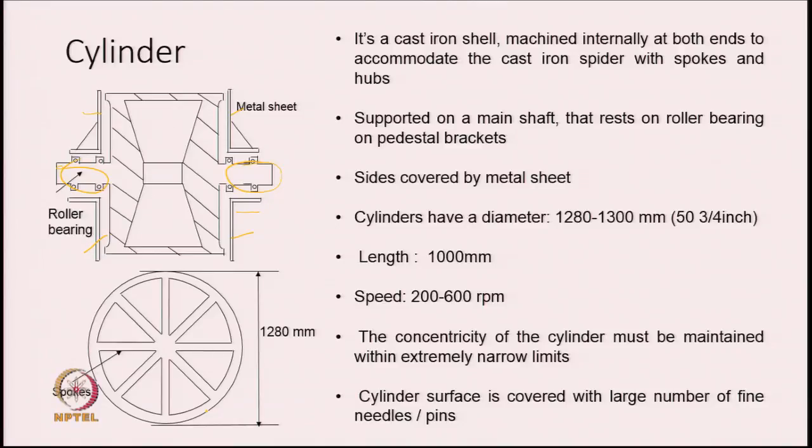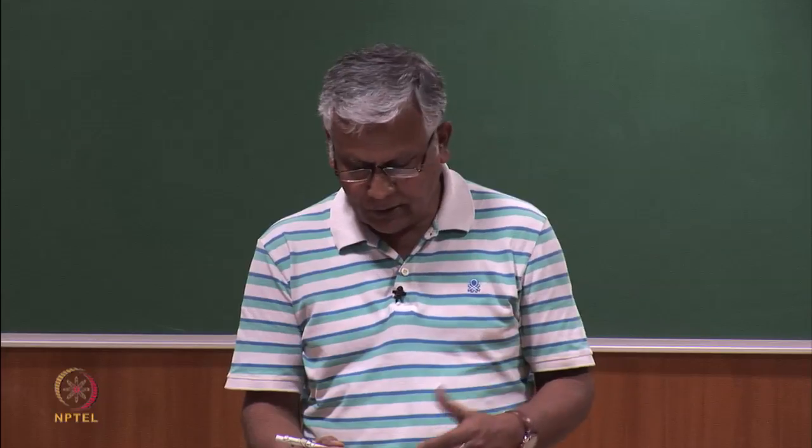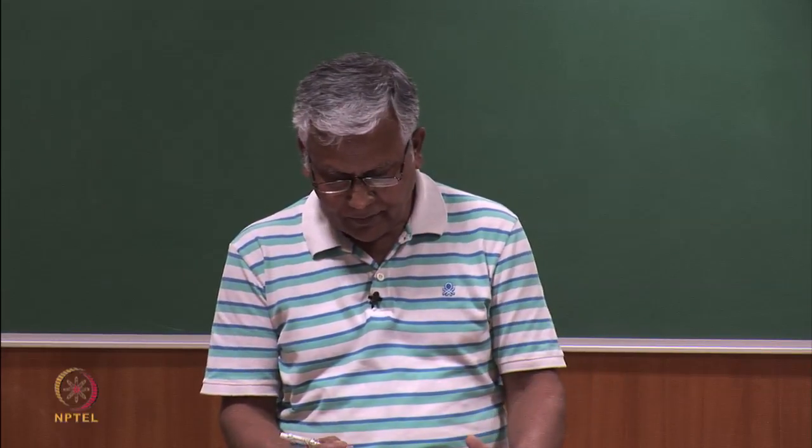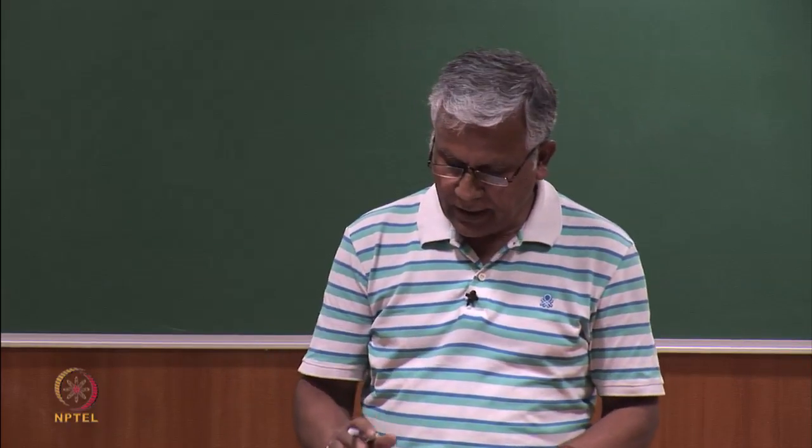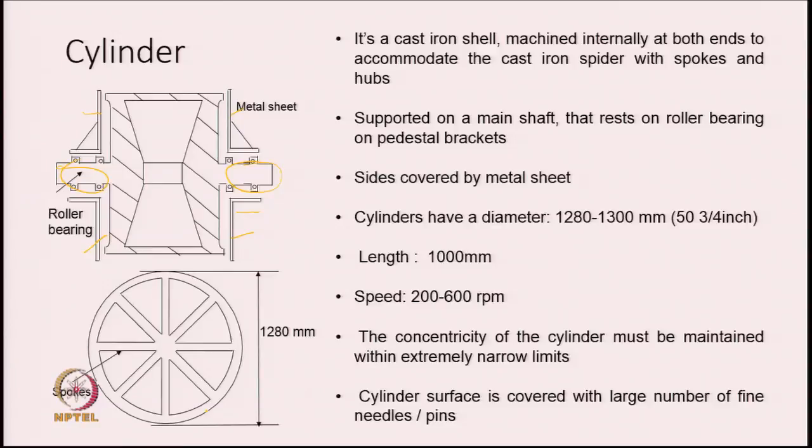The speed of the cylinder could be around 200 to 600 rpm. Depending upon the type of fiber that we are going to process, we adjust the speed, but the flexibility is there and the speed can be maintained between 200 to 600 rpm. The concentricity of the cylinder is very important, and it must be maintained within extremely narrow limits.